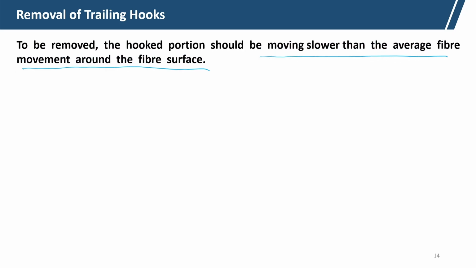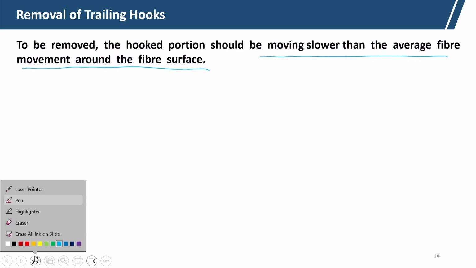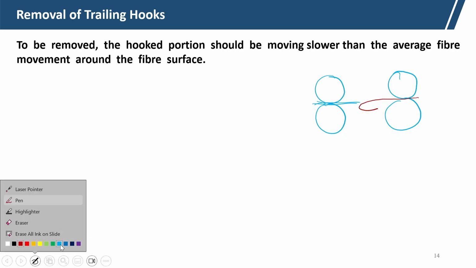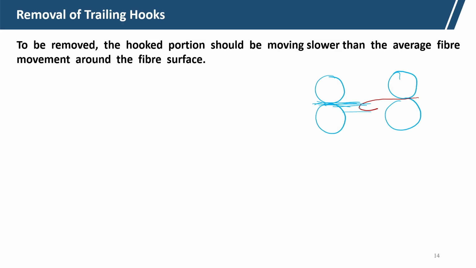Now, we will consider the removal of the trailing hook. Now, for the trailing hook we can see this is the condition. Here there are fibers. Now, we will draw one fiber with the trailing hook, and these are the fibers under control of the back roller, and the green color is the control of the front roller.